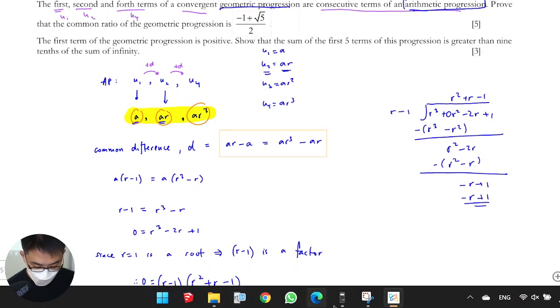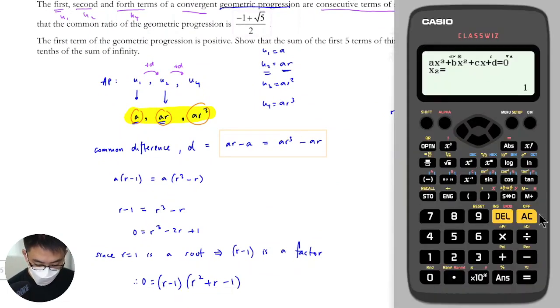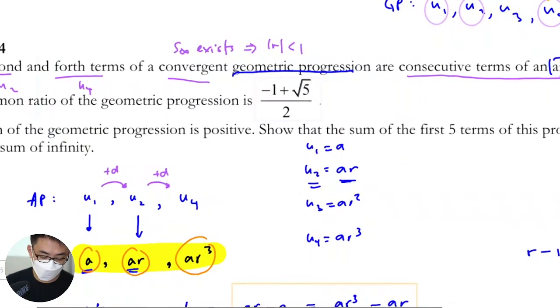You key in the calculator for this one: R cubed is 1, 0, minus 2, and 1. Press enter, go down there. One of the roots is 1. You won't need to find the exact root.